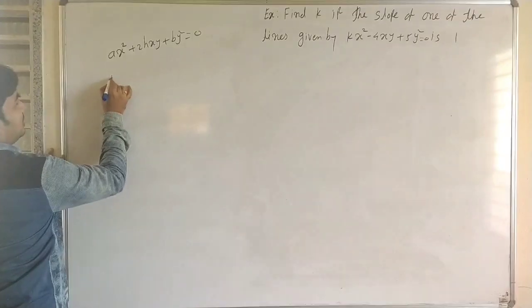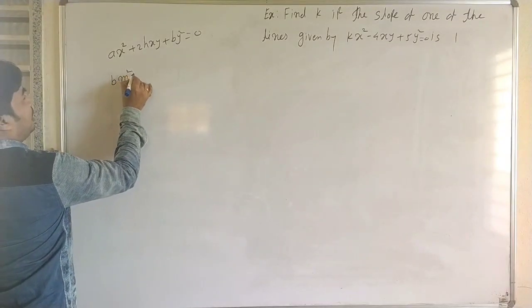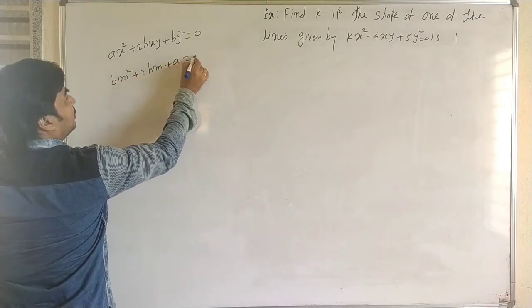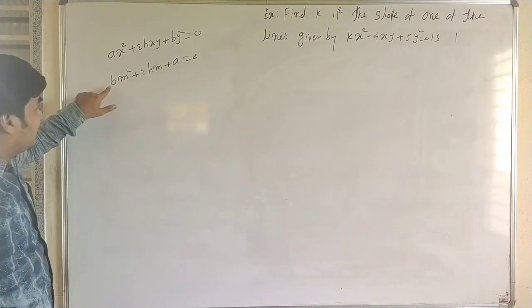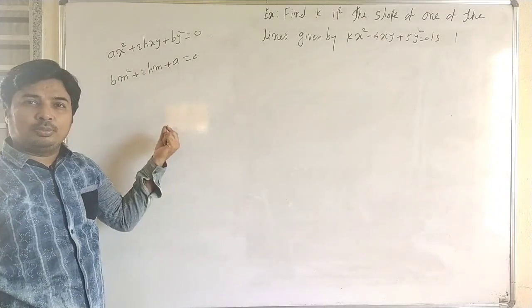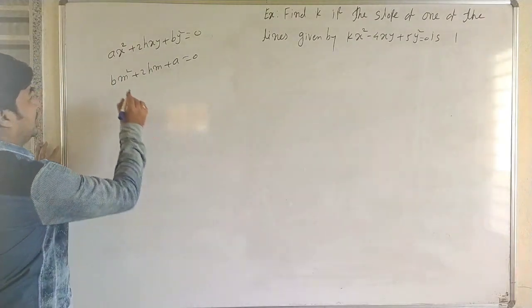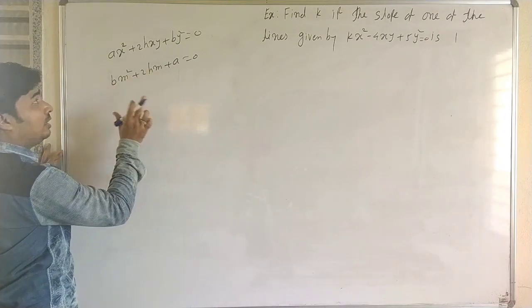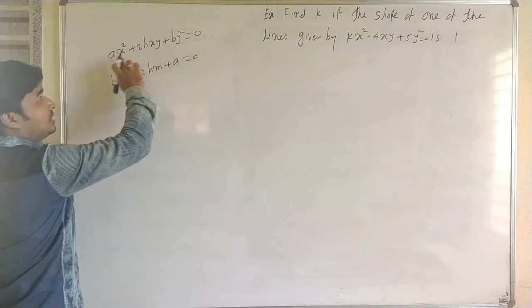Its auxiliary equation is bm square plus 2h m plus a is equal to 0. It is a quadratic equation in m, and m is the slope of a line passing through origin. Therefore it has two values, m1 and m2, and m1 and m2 are the slopes of the lines represented by this equation.